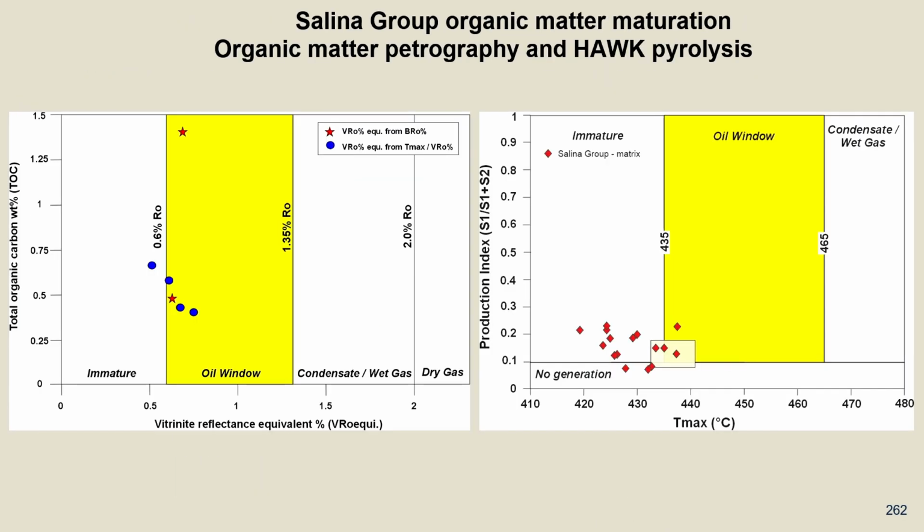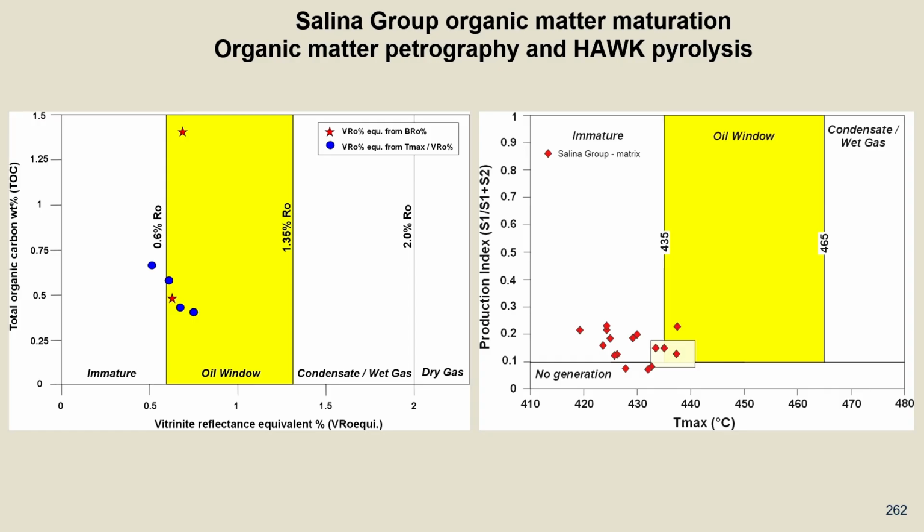First, the organic matter study. Both types of studies, the hot pyrolysis, where you burn the organic matter, and also the petrographic observation, indicate that there is an anomalous higher temperature event recorded by this organic matter.